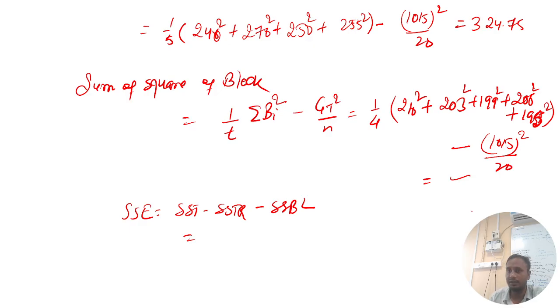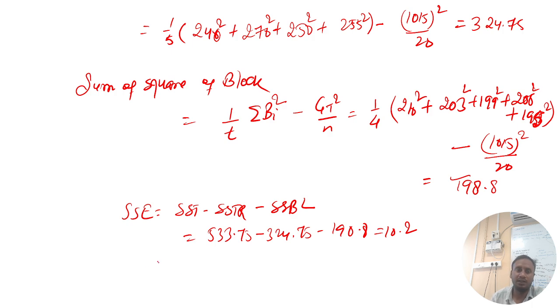SSBL came 198.8. And if you calculate the error, 533.75 minus 324.75 minus 190.8, 10.2.